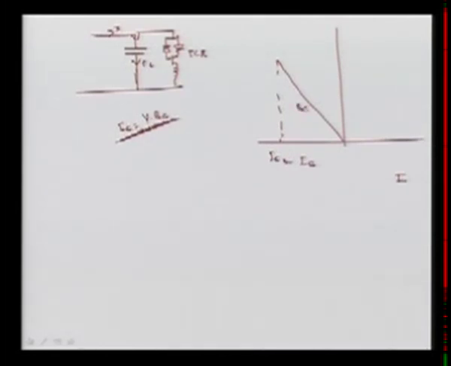Similarly, in the inductive zone we can also write BL, and we can say this IL is your V times BL. Here we have another component, that is your BL, and this is inductive.